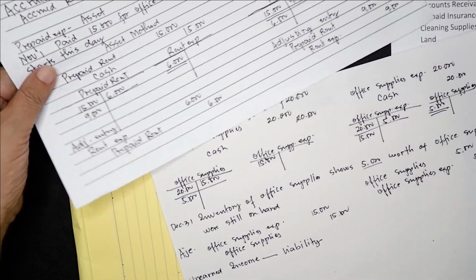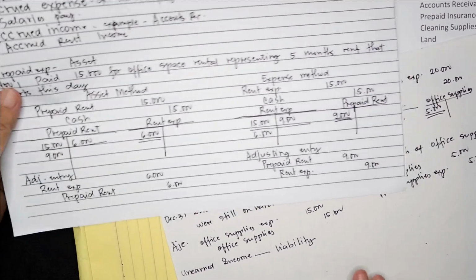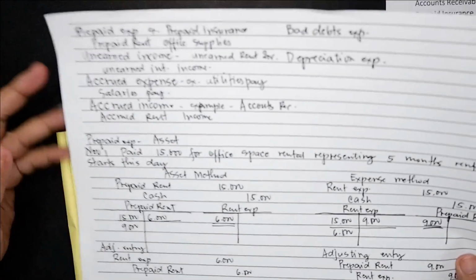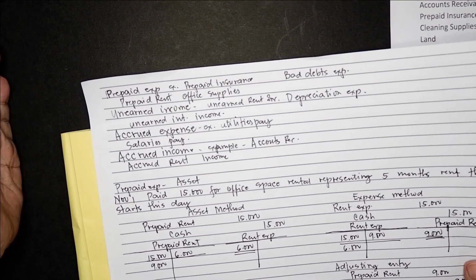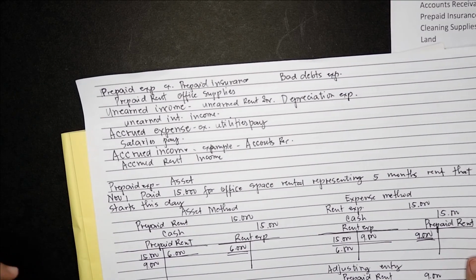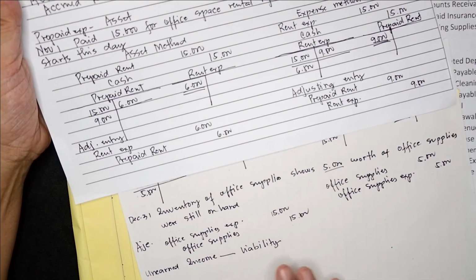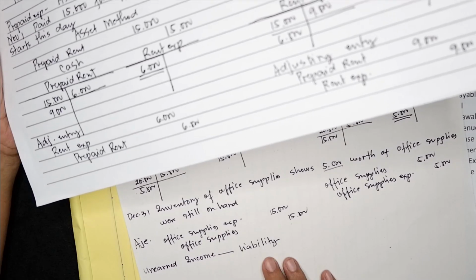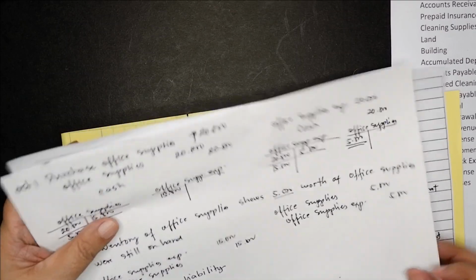We have two methods used in recording unearned income: either the liability method or the income method. For prepaid assets, the method is either the asset method or the expense method. This time, unearned income is a liability, so the two methods are the liability method and the income method.